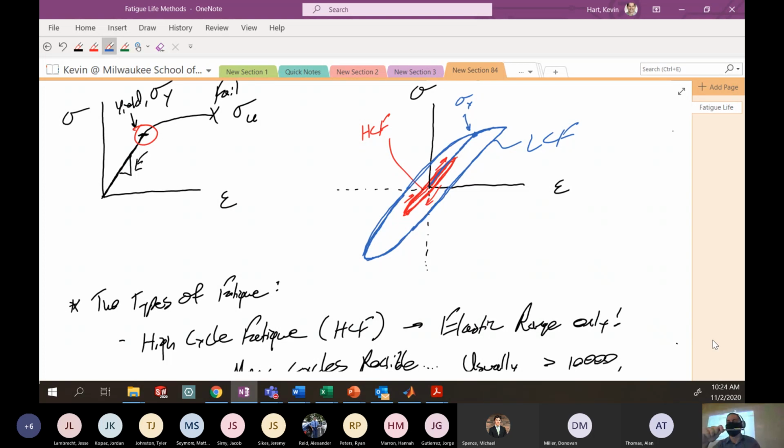So the idea for high cycle fatigue is that I could take this tab here and put a little bit of stress on it over and over and over, and it's really not going to fail anytime soon. I could have tens of thousands of cycles of this little elastic loading and unloading on this particular tab, and it's probably not going to fail anytime soon. It's because I'm not introducing any plasticity. I'm not going past the yield stress of this little hinge on the back side of the pencil.